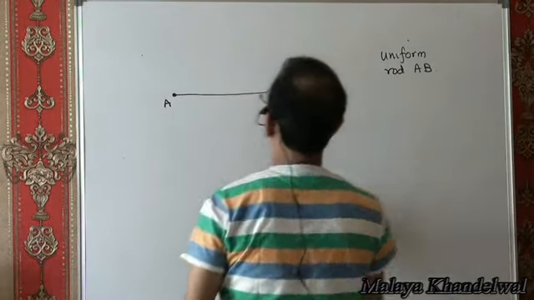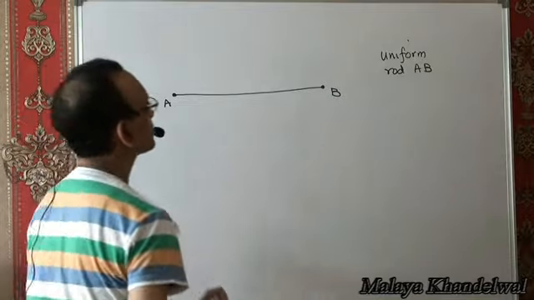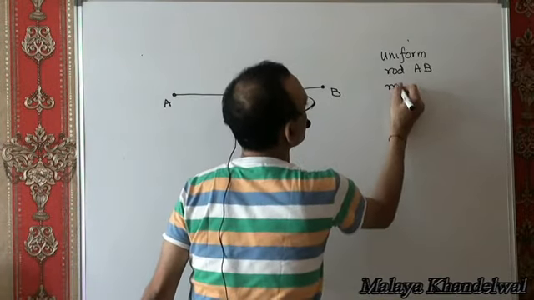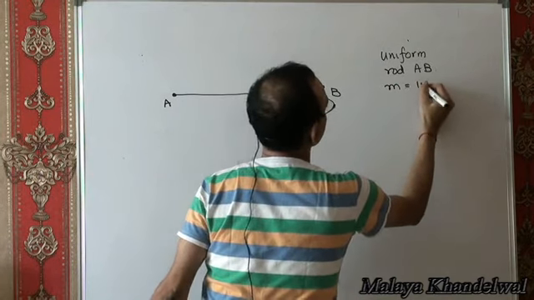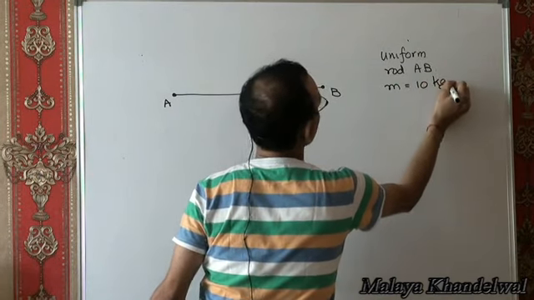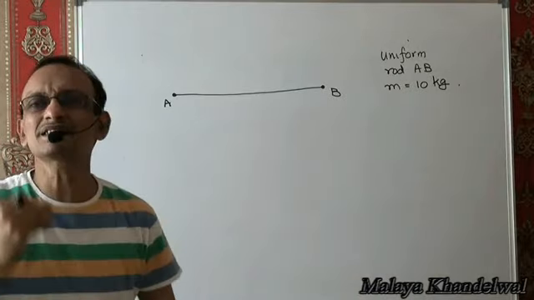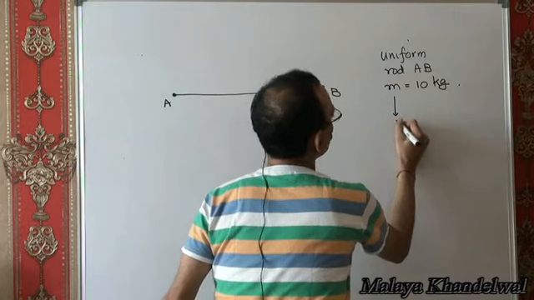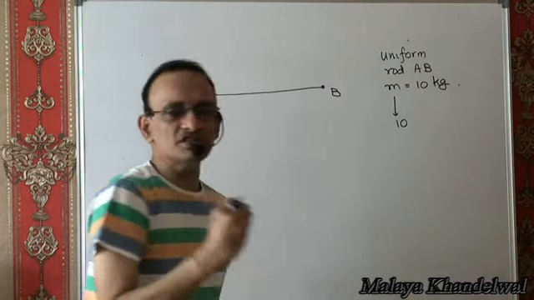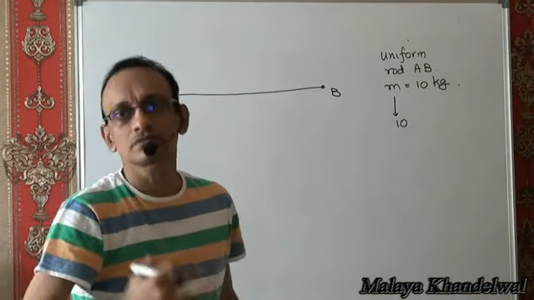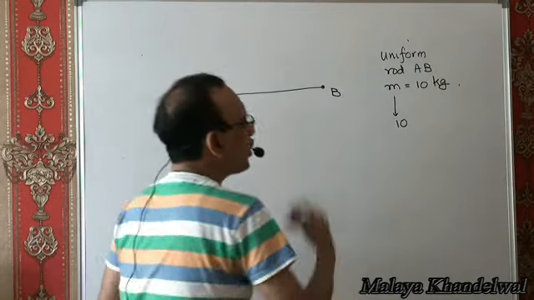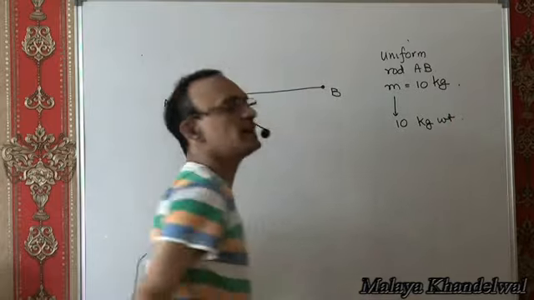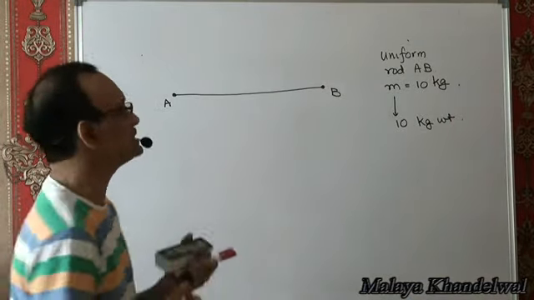Now, suppose there is a uniform rod AB of mass 10 kgs. That means the weight could be looked upon as a 10 kg weight. 10 kgs is like a force of 10 into 10 newtons, 100 newtons, with g as 10, or we can also say it's a 10 kg weight force.